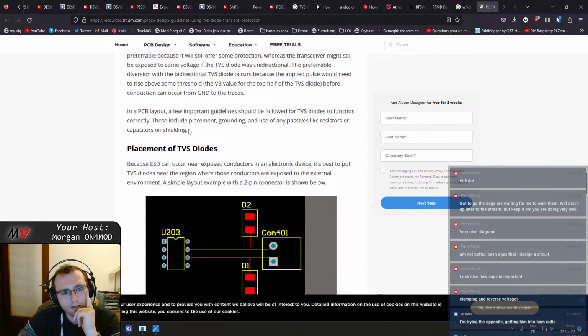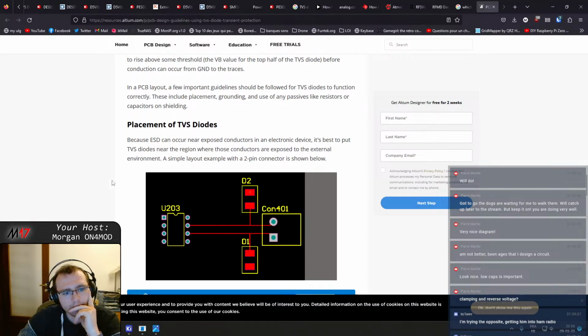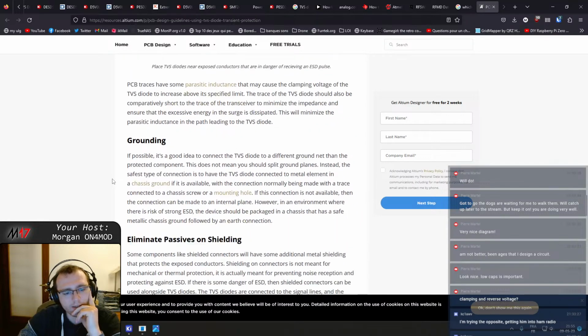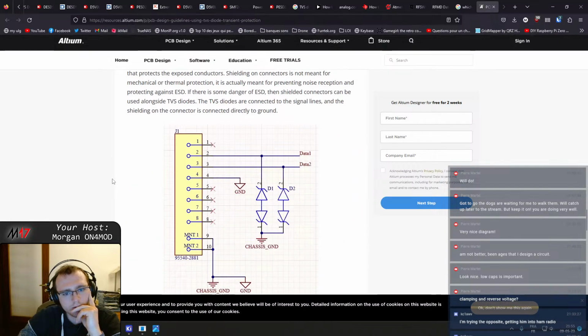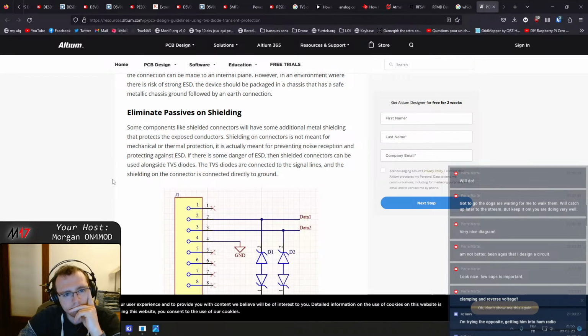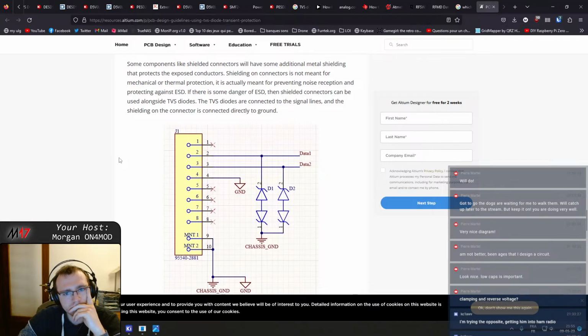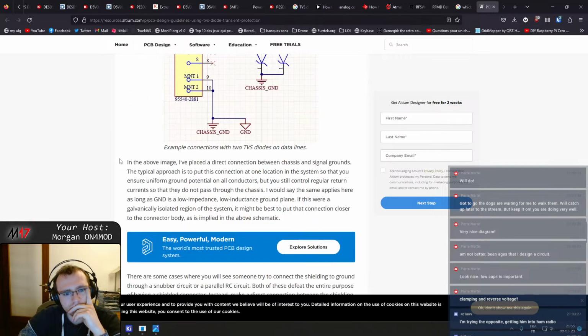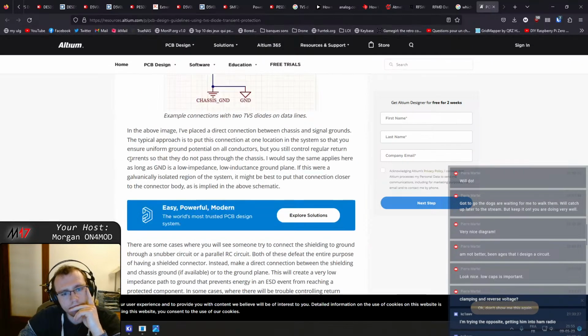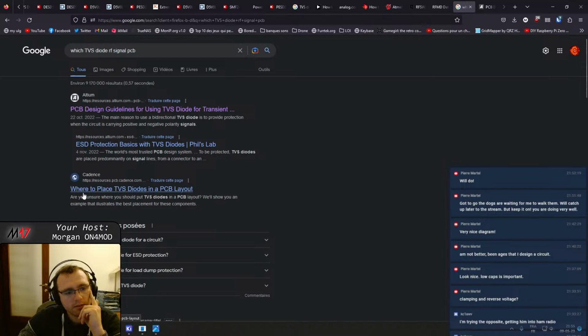Trying to read it to understand. So yeah, they are explaining the layout and so on. So yeah, that's very logical. Okay, it doesn't help me very much.